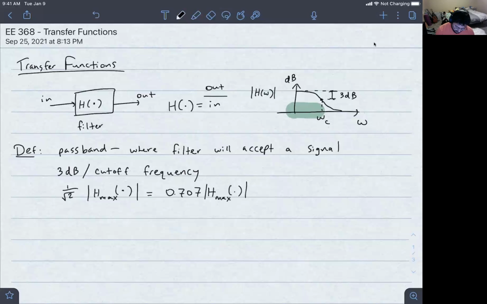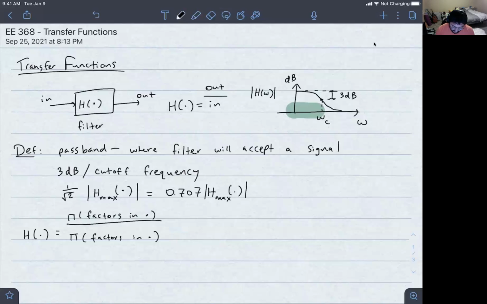Going back to the transfer function, say h dot. So this will typically be in the form of a product of factors in dot, since this is our arbitrary function, divided by another product of factors in dot.